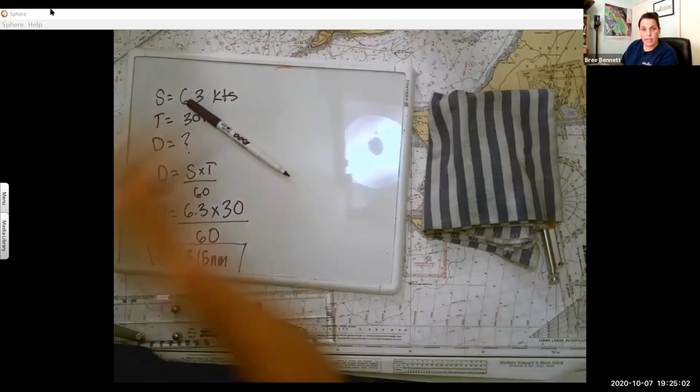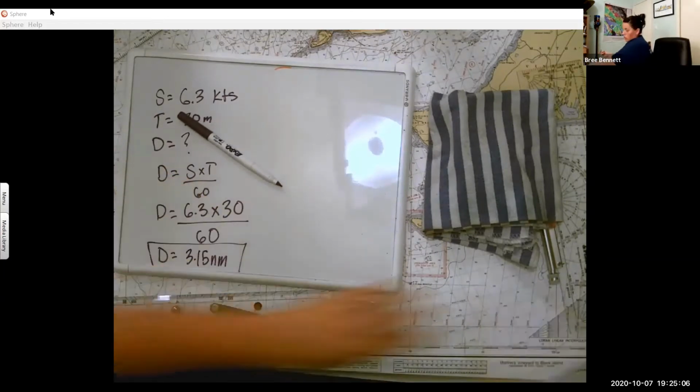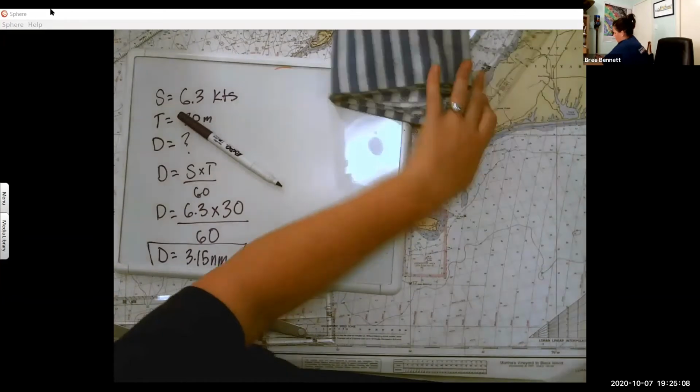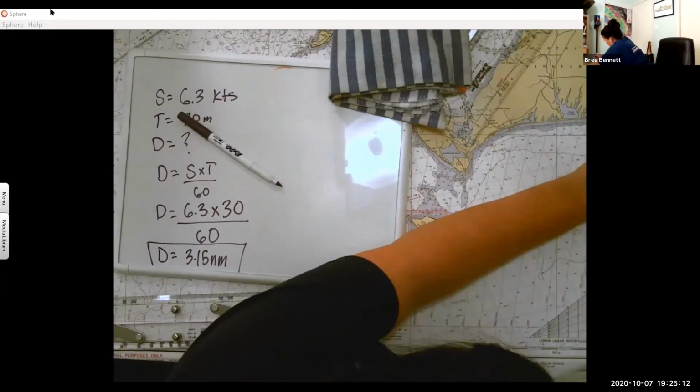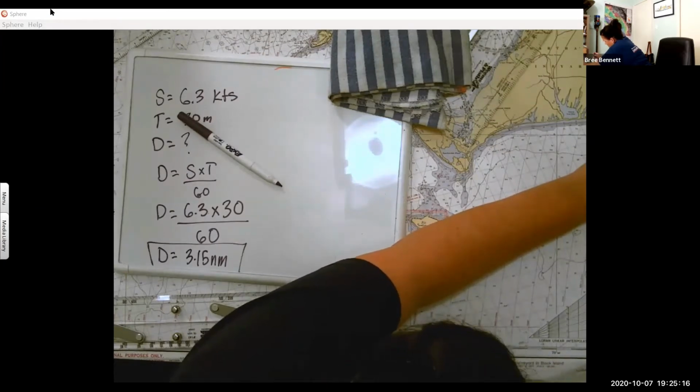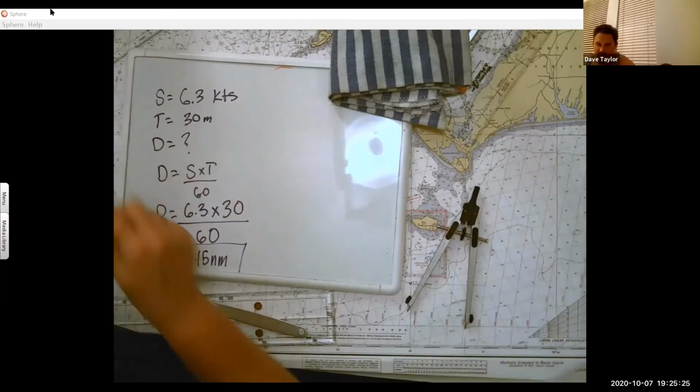So on my dividers, I'm going to find 3.15. I know it's off the camera here. So 3.15 nautical miles will be your first time reading.